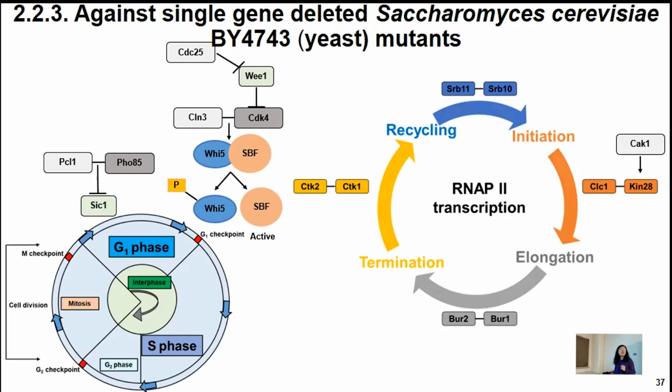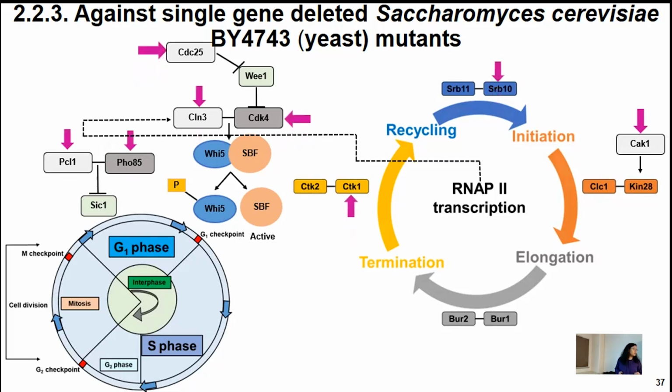The kinase phosphorylates the RNA polymerase II enzyme for regulating this transcription process. And remember, CLN3 is the first cyclin that needs to be activated for the cell to go from G1 to S phase, and the activation signal for CLN3 also comes from the transcription process. So that's why we selected a few of these mutants.